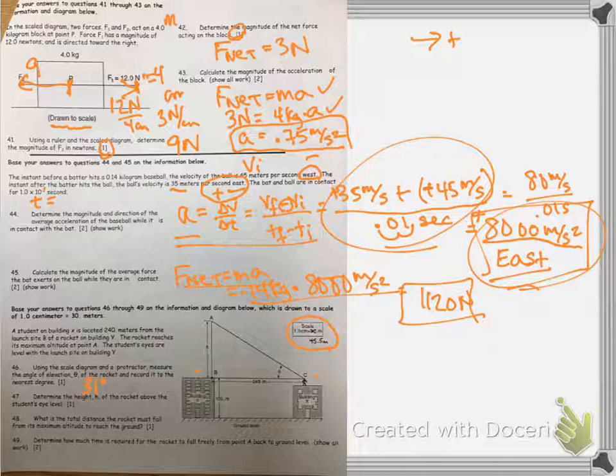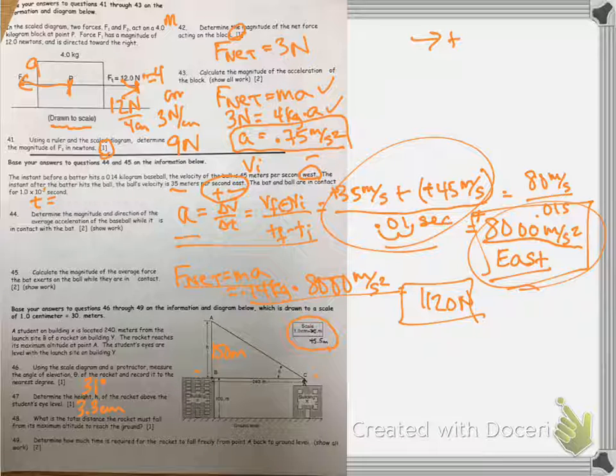Determine the height h of the rocket above the student's eye level. Again, it's all scale. When I measured it, I got 3.3 centimeters. So if I multiply that by 45.5, I got 150 meters was the height.